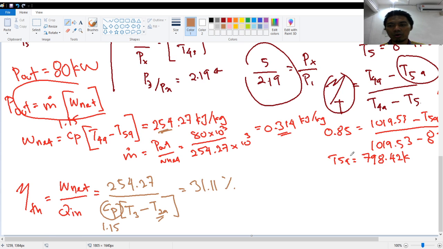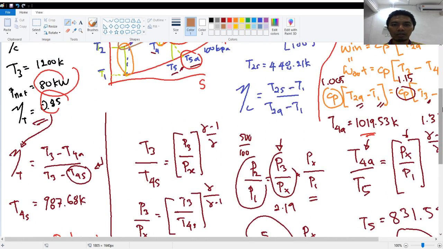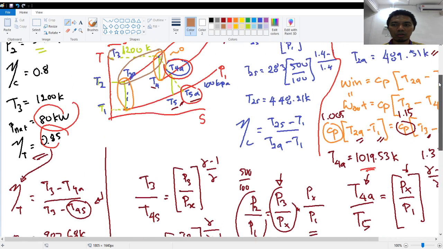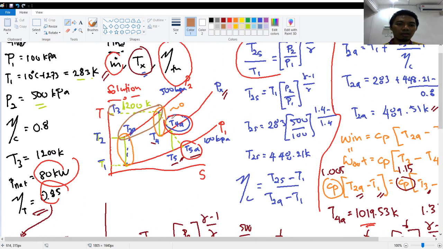Use Cp 1.15. How do I know where to use Cp of 1.15 or 1.005? It is through the question. This side is always turbine, this side is always compressor. On the compressor part, the Cp is always 1.005 and the lambda is 1.4.